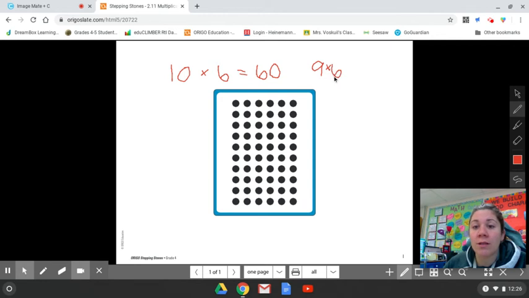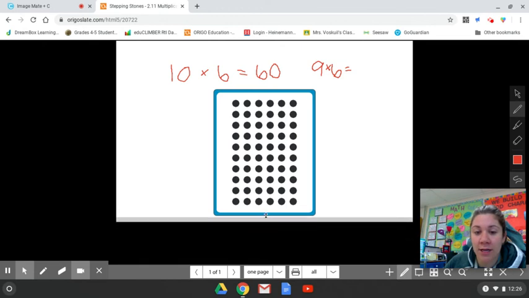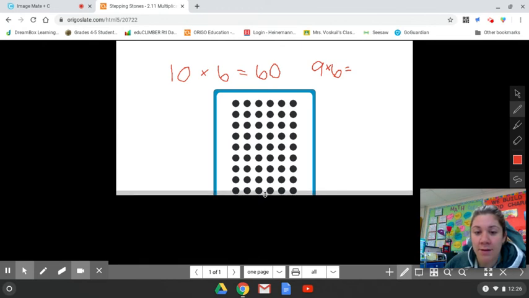So when I wrote out the multiplication statement here, 10 times 6 equals 60, that's because there are 10 rows, 1, 2, 3, 4, 5, 6, 7, 8, 9, 10. There are 10 rows with 1, 2, 3, 4, 5, 6 in each. 10 times 6. I'm going to take this screen hider and I just shortened our array.